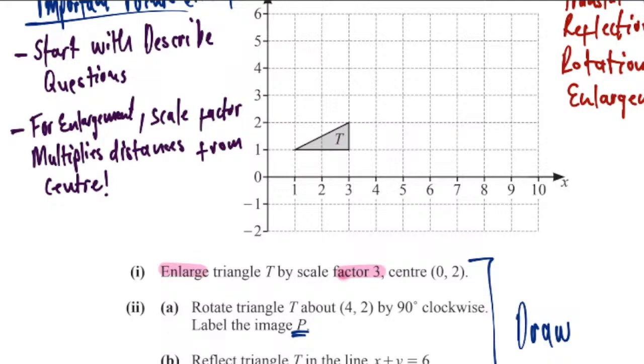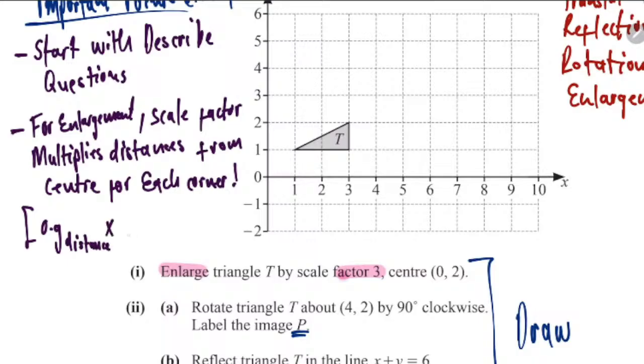Okay, distances from center for each corner. Okay? It multiplies the distances from this. So you're going to say OG, distance from the center, right? Times scale factor will give us the new distance. This is going to be the thing. The original one, which is the shape you have, you multiply by the scale factor, then you get the new distance.